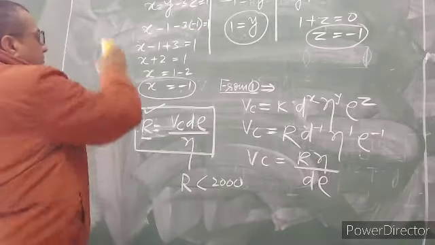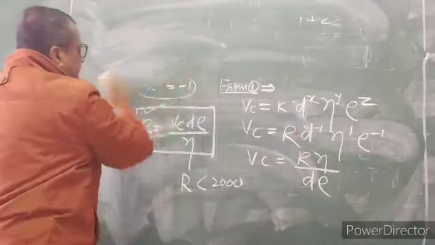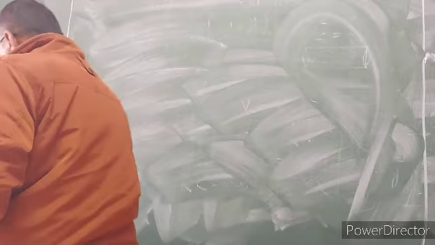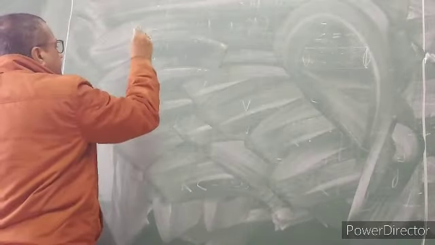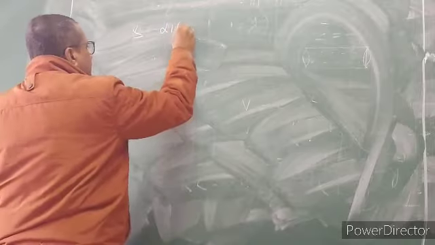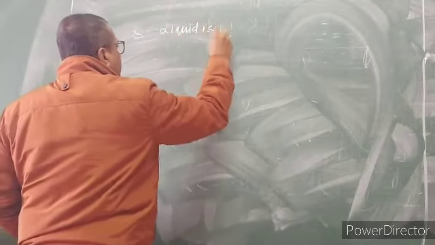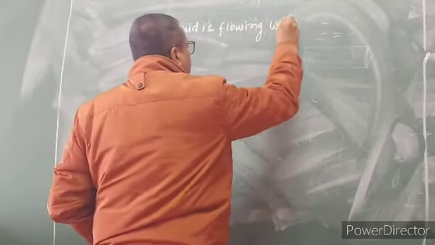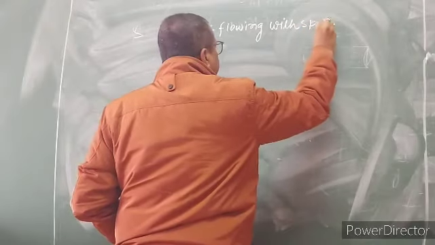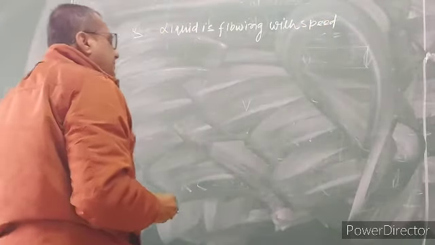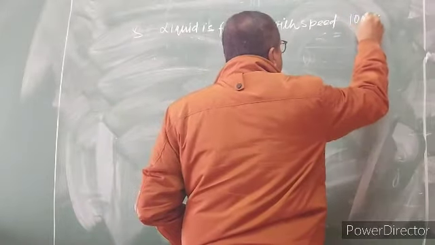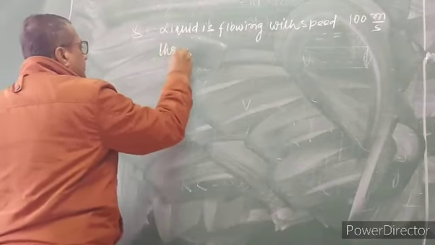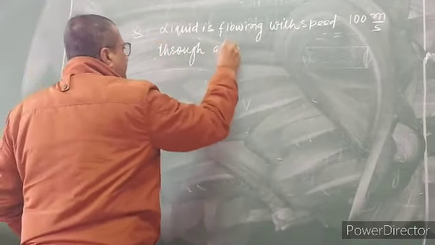Now see one question. Liquid is flowing with a speed of 100 meter per second through a tube.